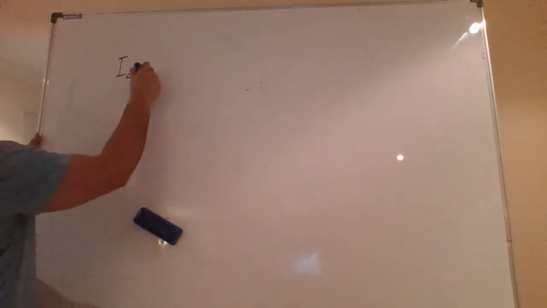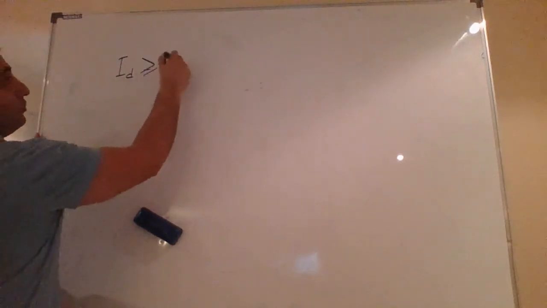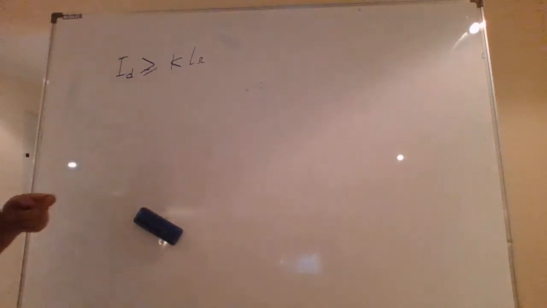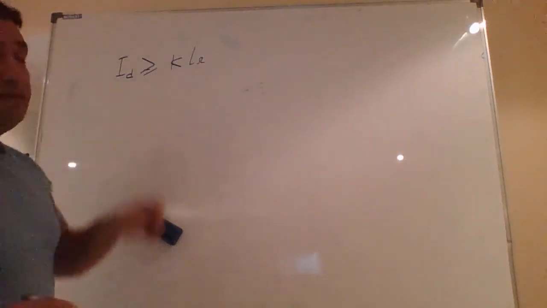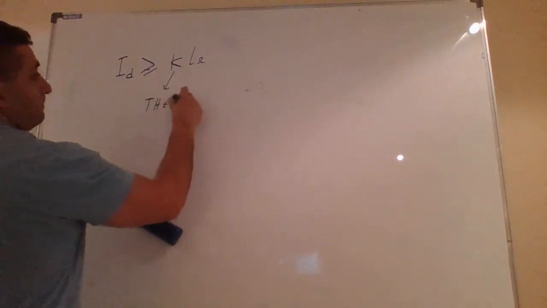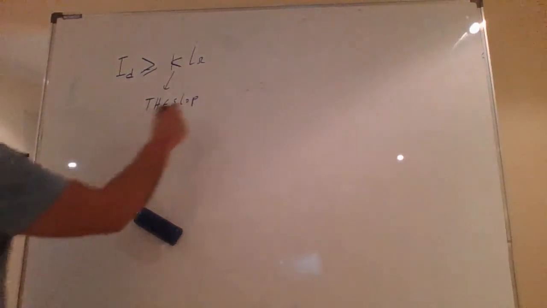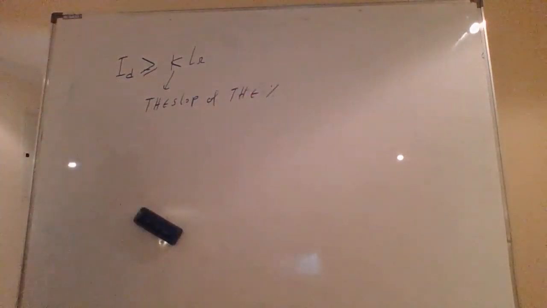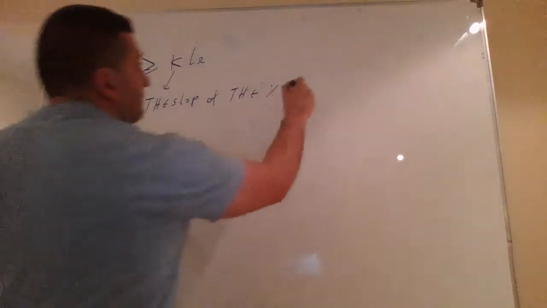During our last session, we said that the operation condition is that the differential current ID must be bigger or equal to K multiplied by IR, the restraint current, where K is known as the slope of the percentage differential characteristic.